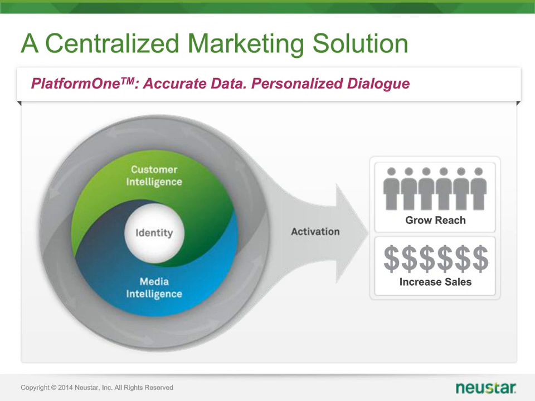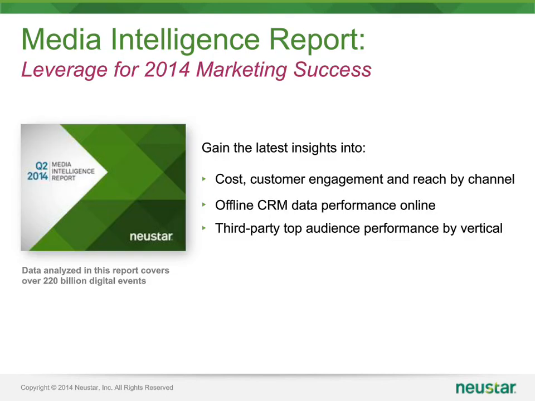But let's get into the meat of this webinar, which is to go over the latest findings of the Media Intelligence Report. And again, we're going to talk about cost and customer engagement and reach by channel, as well as how digital channels perform across all customer touch points using multi-touch attribution.